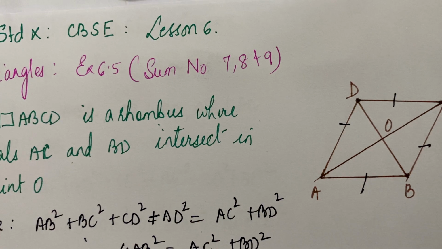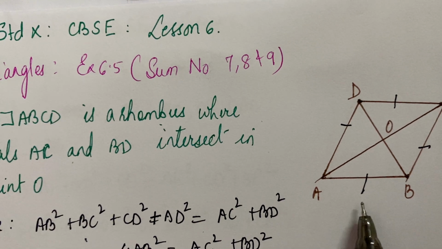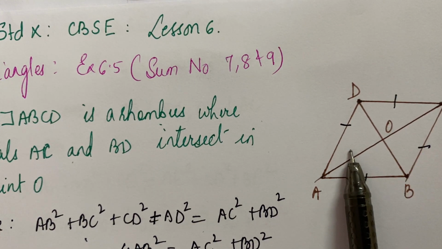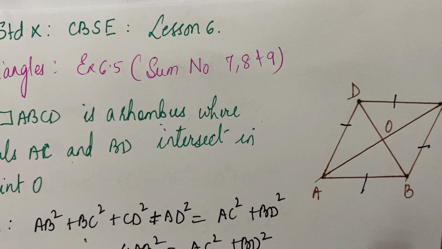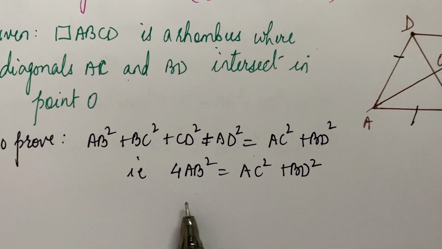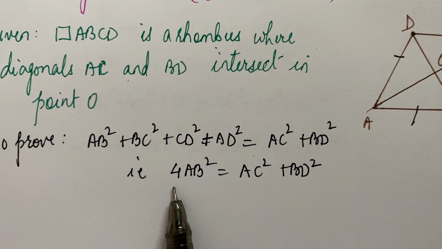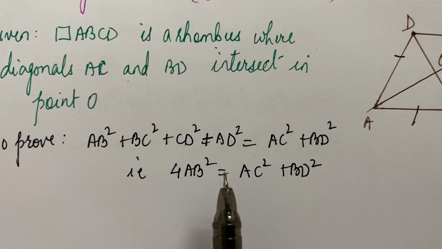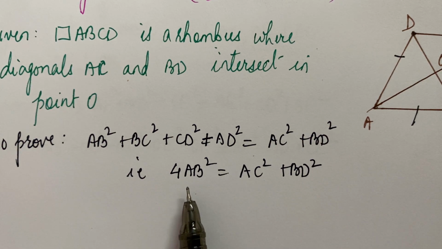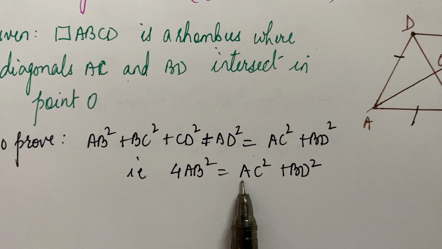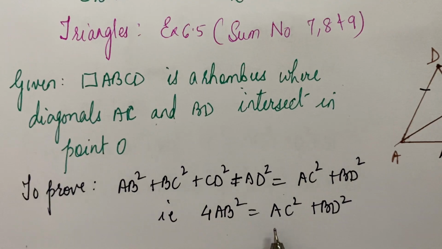Now, as such, if a quadrilateral is a rhombus, then all the four sides are equal, and you can write the claim as 4 times AB square or 4 times BC square, whatever you want. Any one side, 4 times AB square is equal to AC square plus BD square.